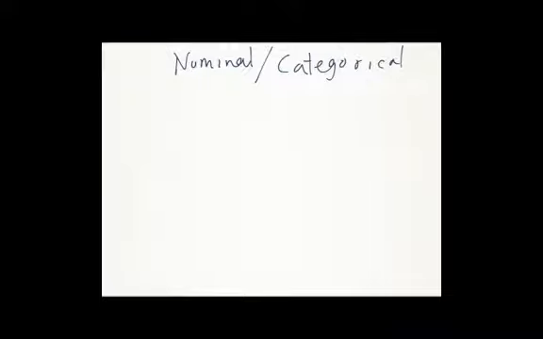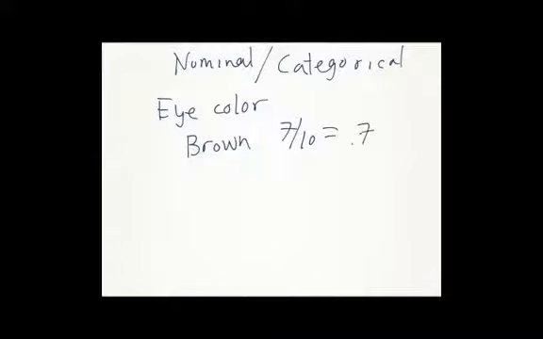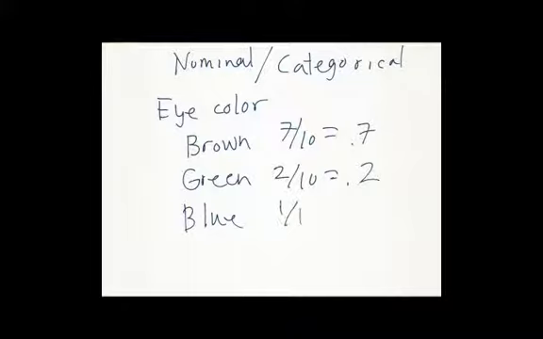If my variable is eye color, I might say that 7 out of 10, or 0.7, or 70% have brown eyes, and we have 2 out of 10 with green eyes, and then maybe 1 person with blue eyes.